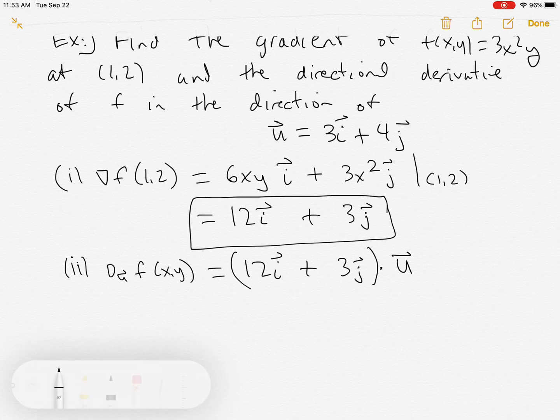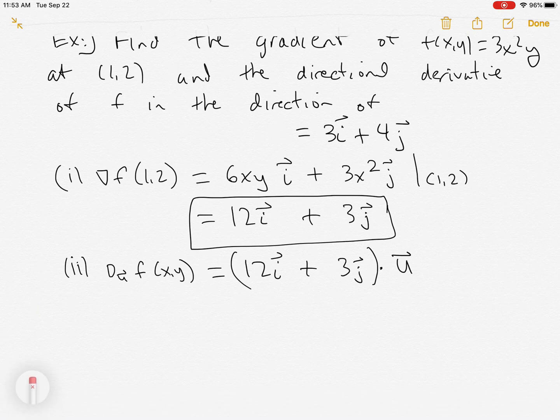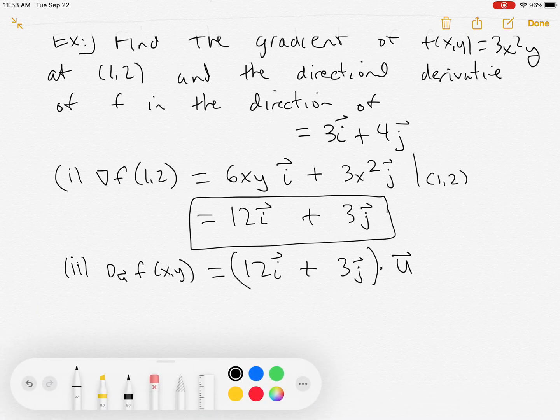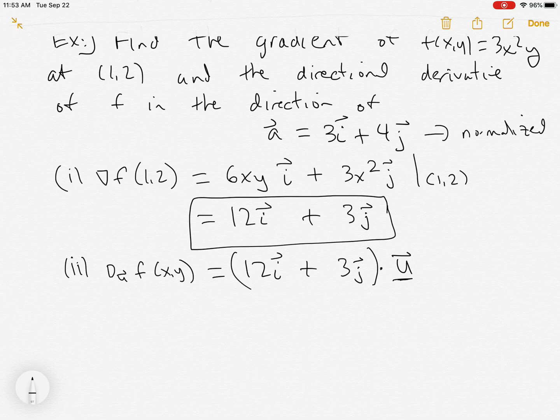I'm going to make this vector up here go away and call it A, because I'm using a u down here. And that u is important. It's the unit vector in the direction of A. So we have to find the unit vector in the direction of A. So this guy needs to be normalized, which means it needs to be made length 1.